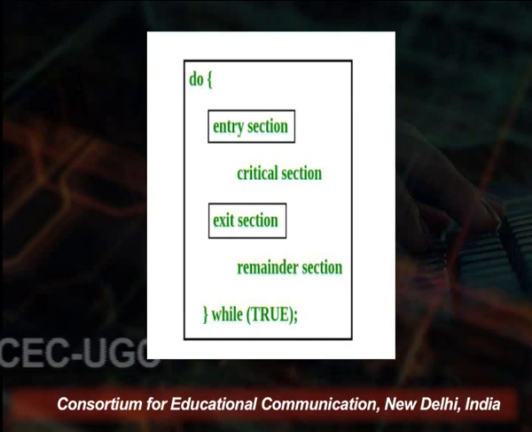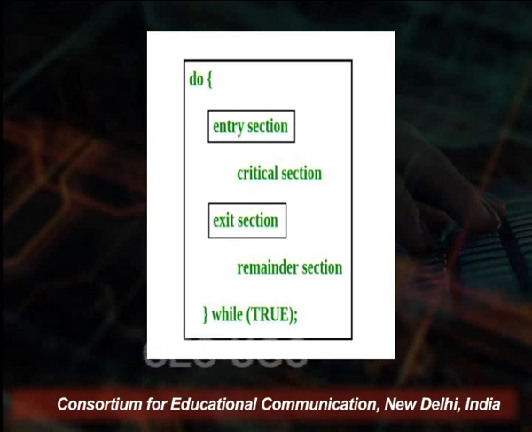We have shown this within a do while loop, in the format of pseudocode. Within the do we have the entry section, the critical section, the exit section, and the remainder section. The entry section will help in taking the entry.